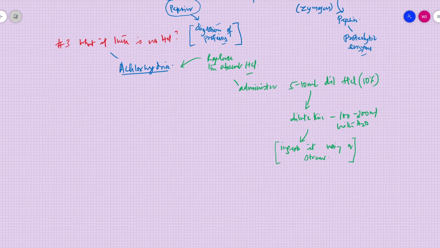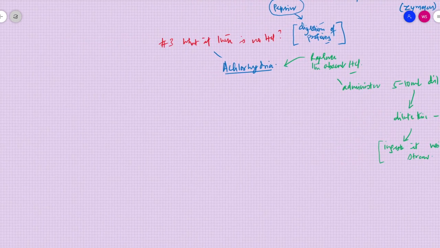So from this, what we understand is that HCl is important physiologically. It has got important functions.